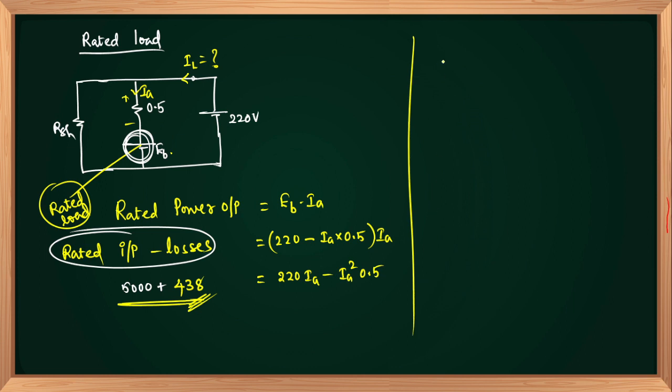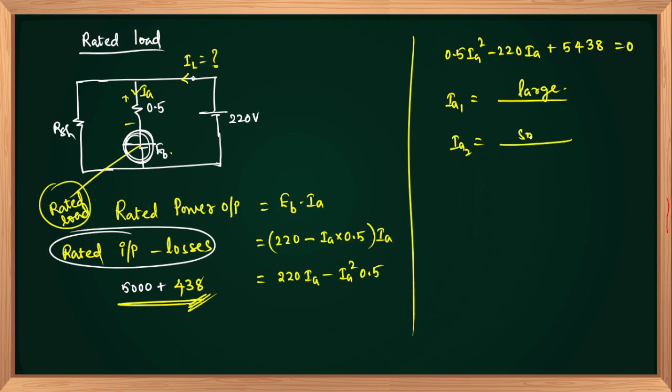If you solve this, it will be 0.5 Ia square minus 220 Ia plus 5438 equals 0. Solving this quadratic equation, Ia1 is a very large value and Ia2 a small value.